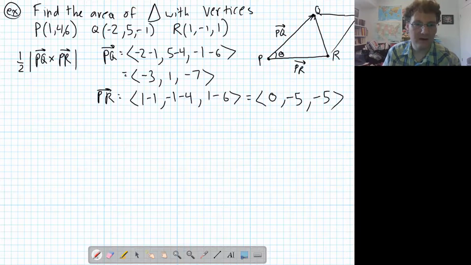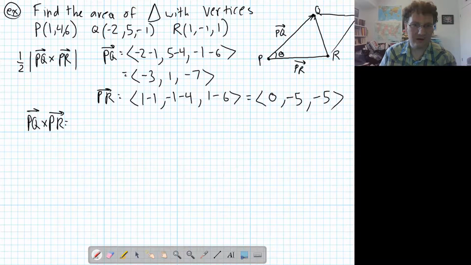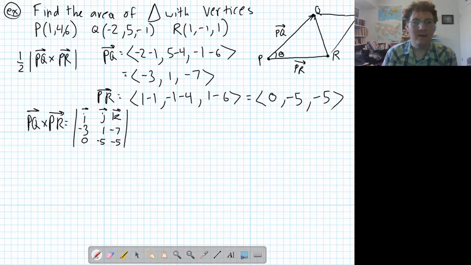So now we want to find PQ cross PR. PQ cross PR is going to be the determinant with IJK in the first row, and then in the second row we've got -3, 1, -7, and 0, -5, -5 in the third.